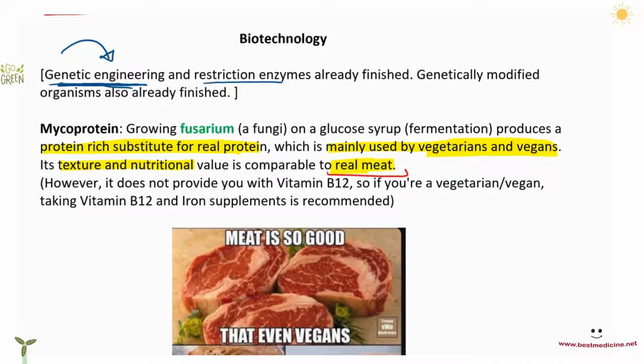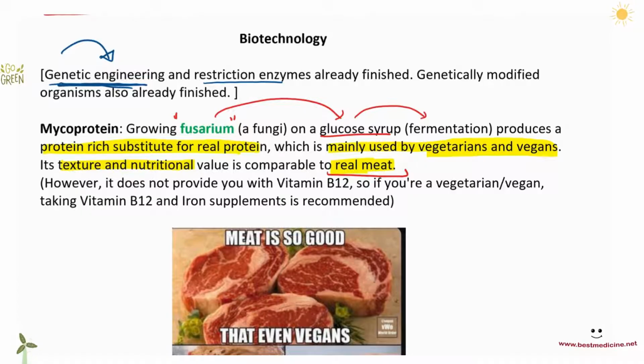How do you do this? Basically, there's a fungus called Fusarium. Fusarium is a fungus that is grown on a glucose syrup. Essentially, you ferment this, right? So fermentation, and it produces this particular meat-like product. So mycoprotein is essentially the vegetarian meat that they grow by culturing Fusarium fungi.